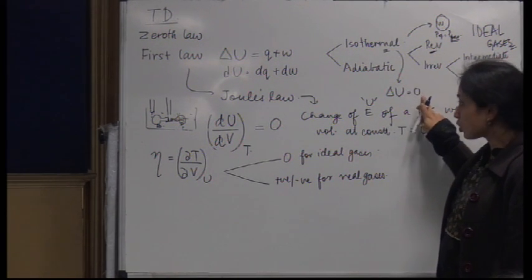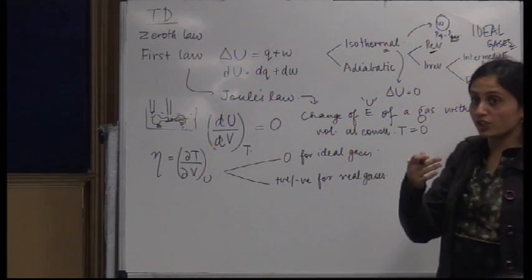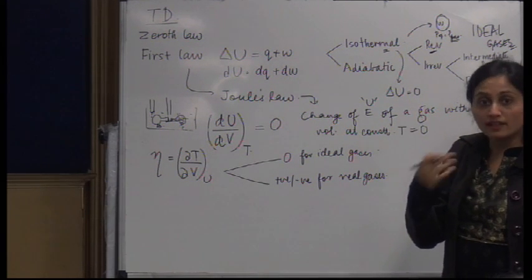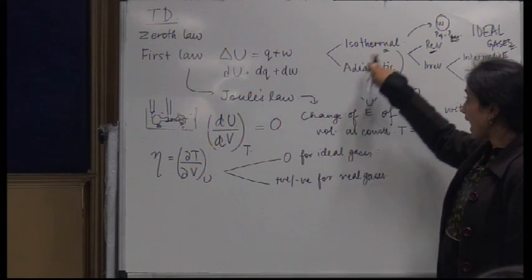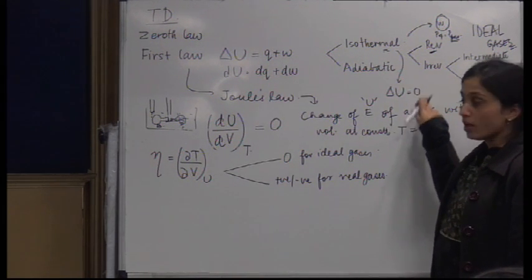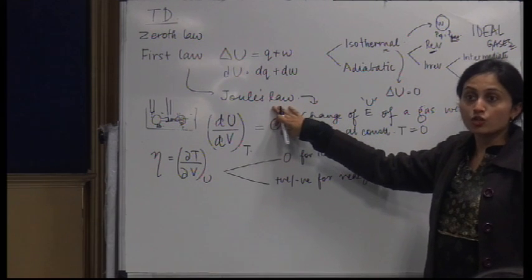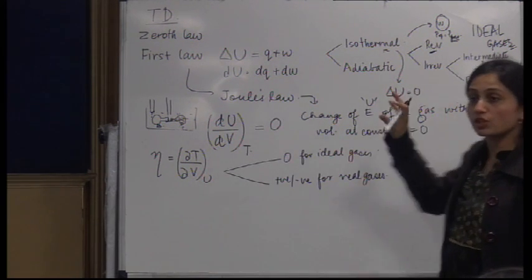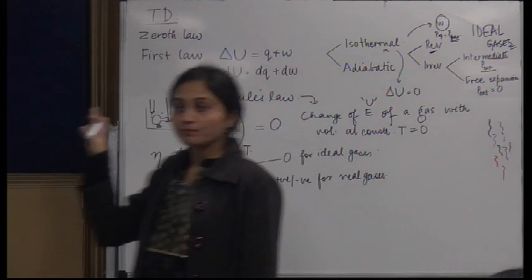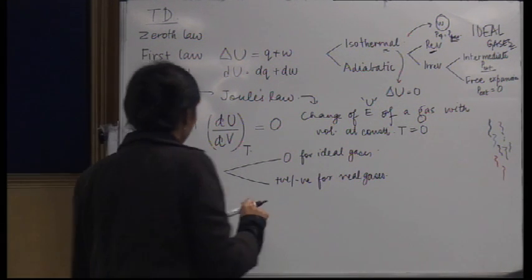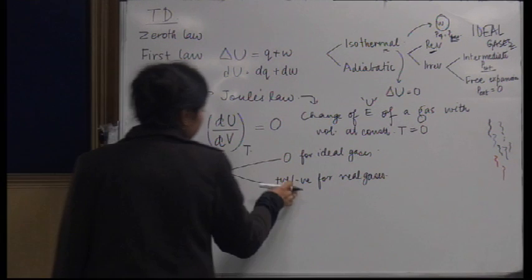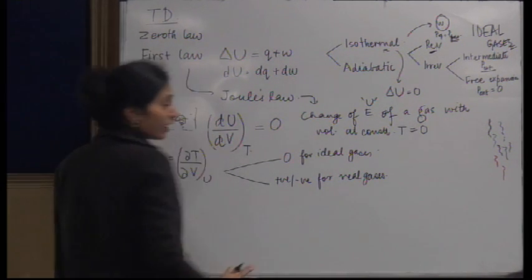I told you that U is a function of temperature. Where did I get to know about it from? Joule's law. So remember that if delta U is equal to 0 at a constant temperature, the reason behind that is Joule's law, because U is just a function of temperature. Another thing, for the real gases it can either be positive or negative.